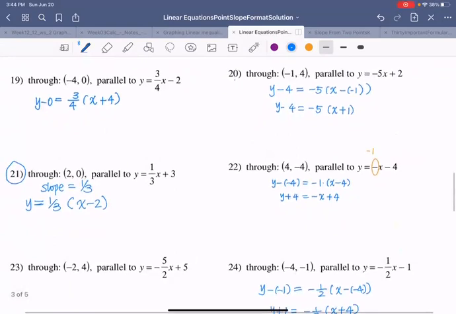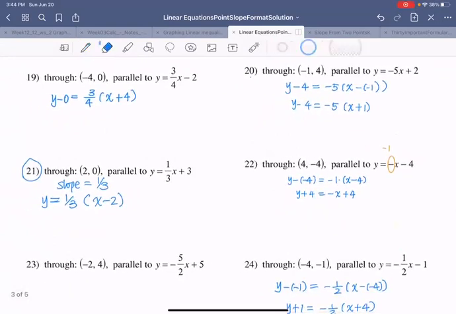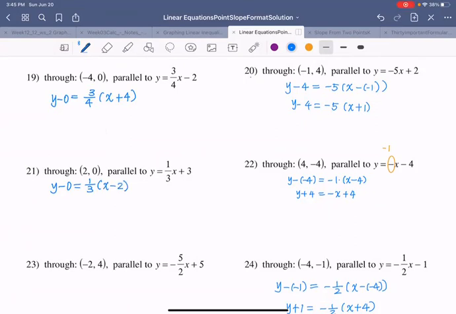Now, Shangli, go ahead to number 21. Okay, go ahead. y minus 0 equals 1/3 times x minus 2. Very good.